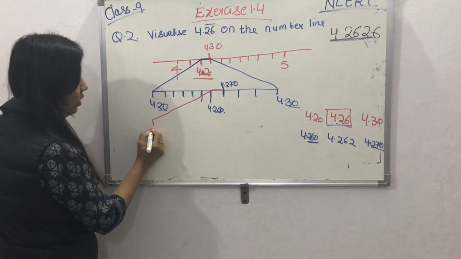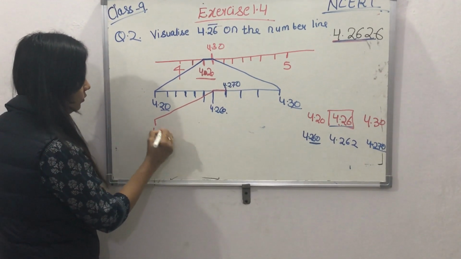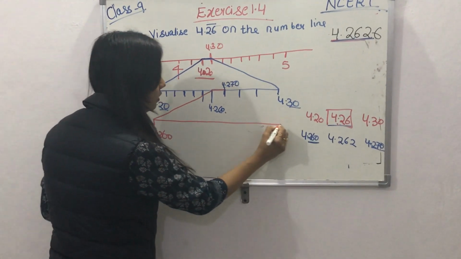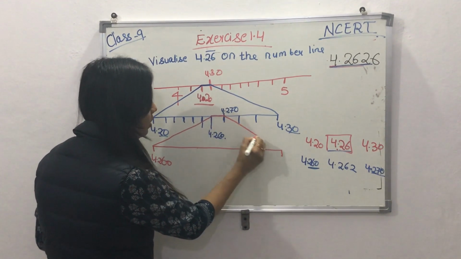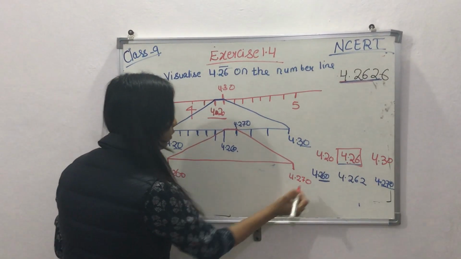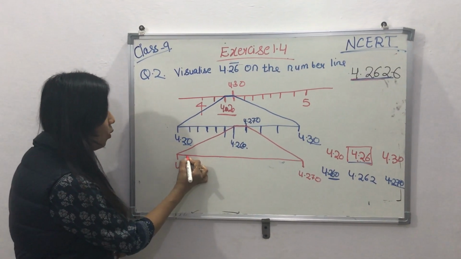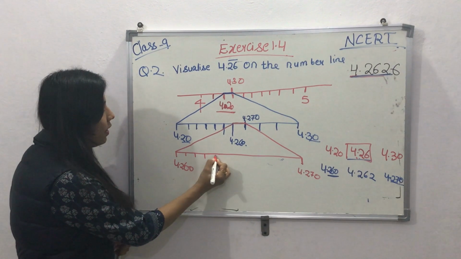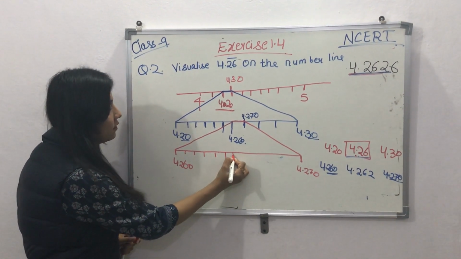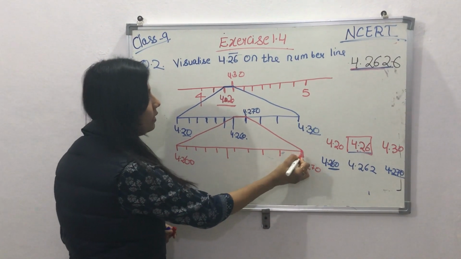So this is your 4.260 and this will be your 4.270. Again we will divide our line into 10 equal parts. 1 part, 2 part, 3 part, 4 part, 5 part, 6 part, 7 part, 8 part, 9 part and 10 part.